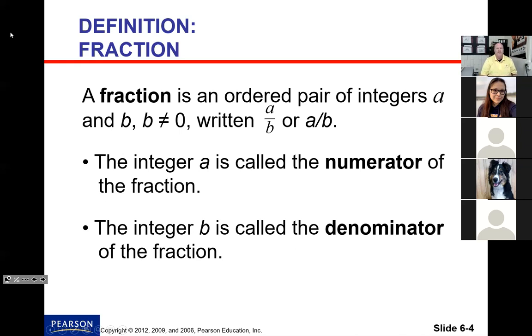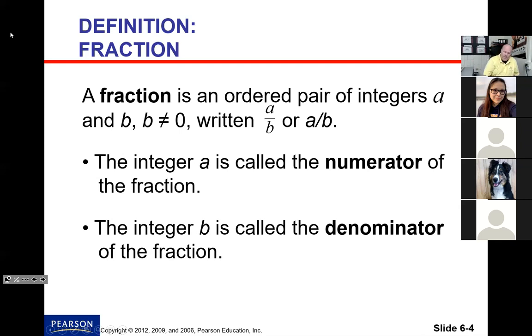You could say the upper part or the lower part of the fraction, but that doesn't make sense. How about the top and the bottom? That doesn't work either. But if you say the numerator, and you or the kids you're teaching know what a numerator is, then you know what you're talking about. If you can't remember this, denominator is downstairs. That's how I usually teach it. Denominator, downstairs. It's the bottom part of the fraction. Okay, numerator and denominator.